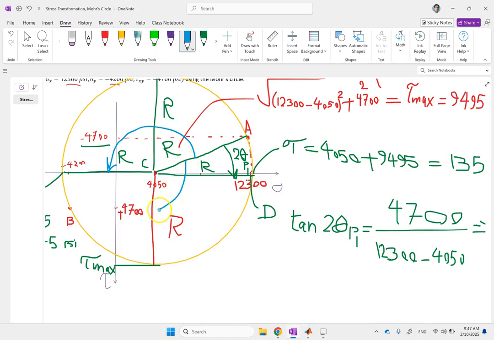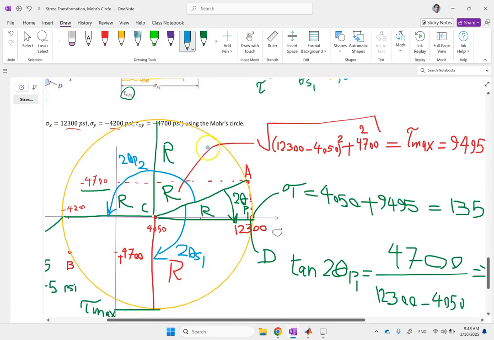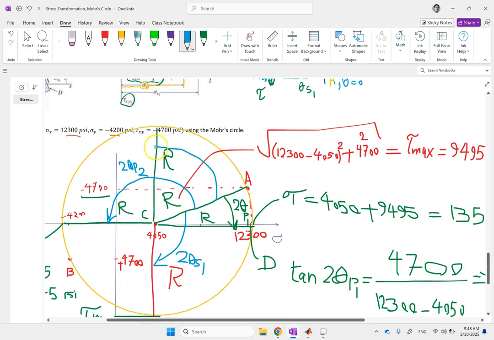So that is this angle. So that angle is 2 times theta s1. This one, remember, it was 2 times theta p2. And if you want the angle from A to minimum shear stress, that's this angle. That is 2 times theta s2.